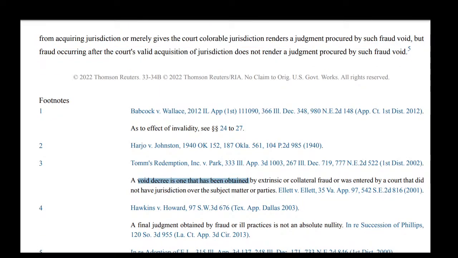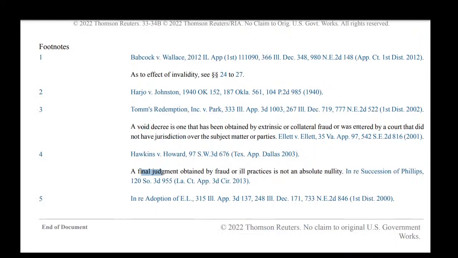A void decree is one that has been obtained by extrinsic or collateral fraud, or was entered by a court that did not have jurisdiction over the subject matter or parties. So void, we're getting back to the void decree, void judgments. A final judgment obtained by fraud or ill practices is not an absolute nullity, but it is voidable.